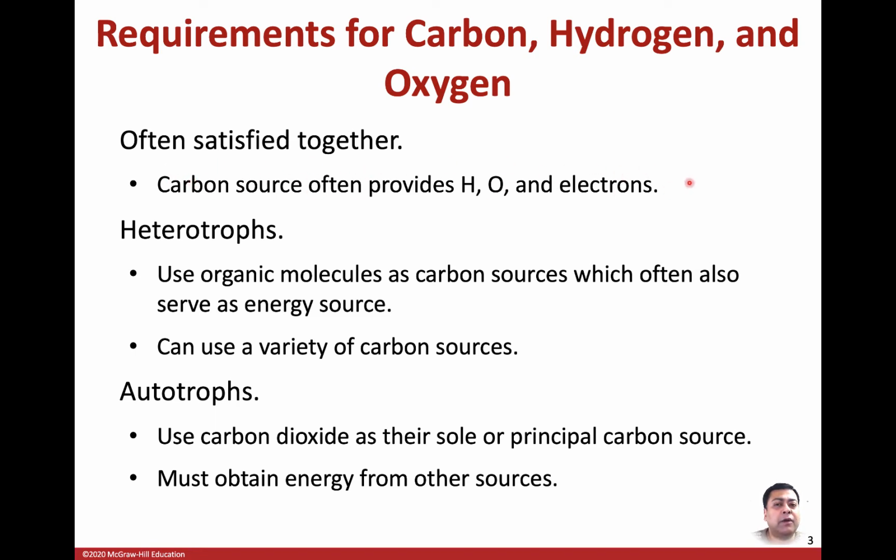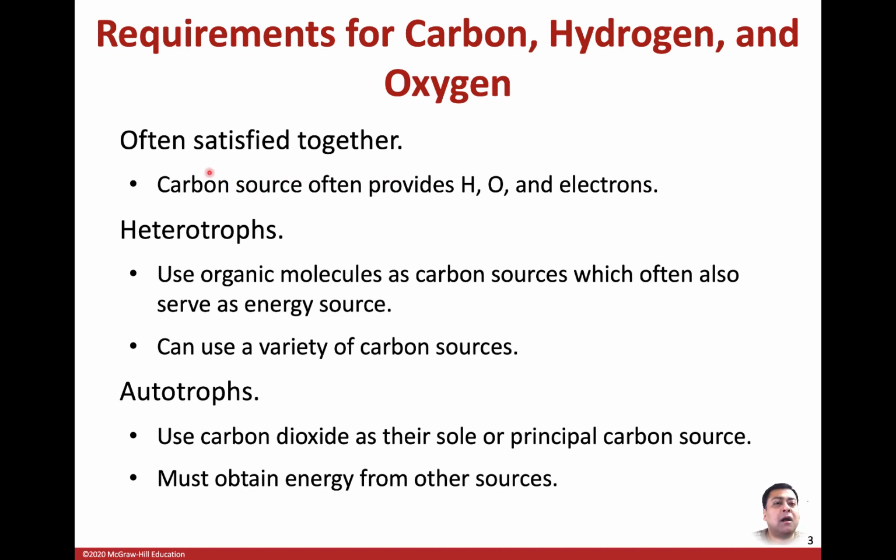So for example, if there's an organic molecule that we are ingesting, which does have glucose, that glucose will provide us energy, and it contains hydrogen, oxygen, and the electrons. But there are many different bacteria which do not have access to glucose or cannot use that.